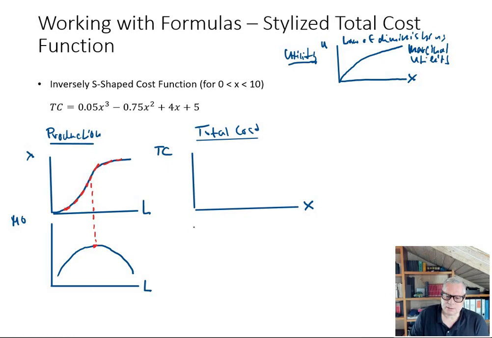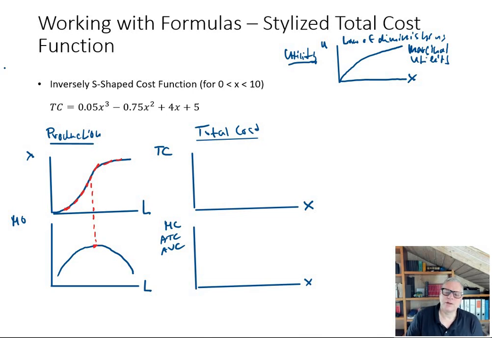And then typically people are also interested in things like marginal cost, average total cost, and average variable cost.